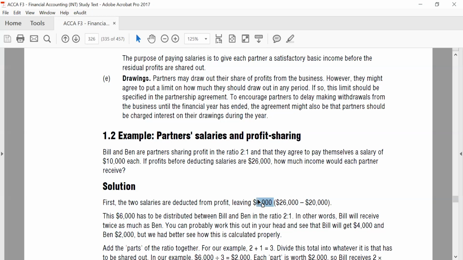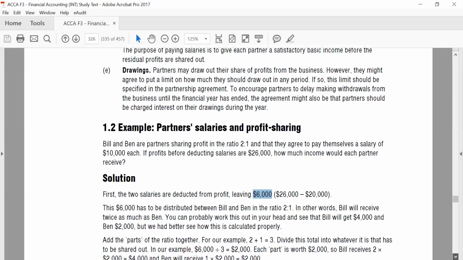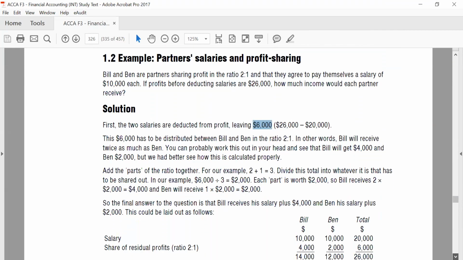The same thing we also do for Ben, which is 1/3 times the profits, giving you what Ben takes home. At the end of the day, what Ben takes home plus what Bill takes home should add back to your original profit, because you're just sharing that profit. So that is just what they want to demonstrate right here.